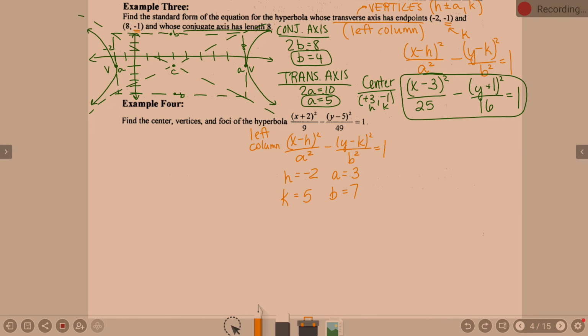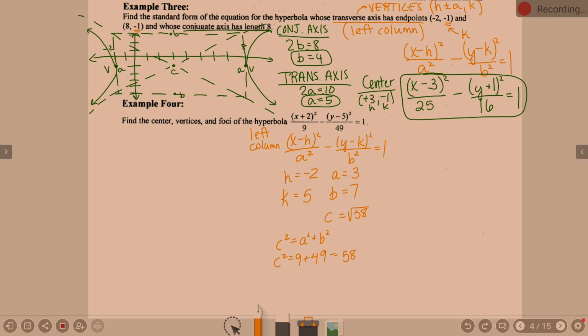And I see the word foci, so what's C? C squared equals A squared plus B squared. So C squared is 9 plus 49, which is 58. So C is the square root of 58.